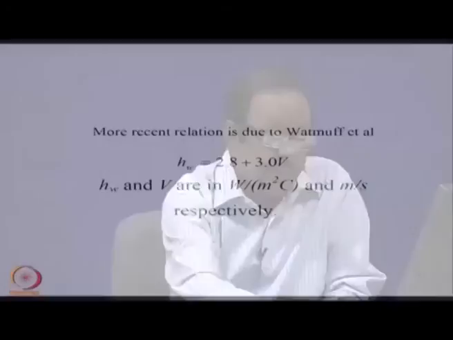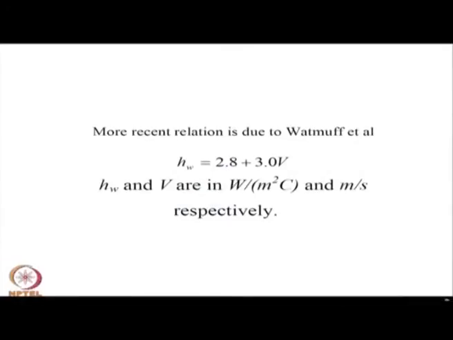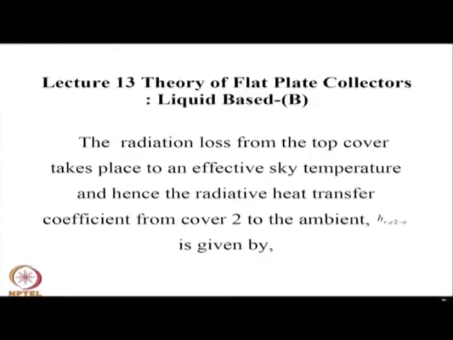It is suggested that apparently perhaps the radiative loss also has been included in the McAdams relation. So, this is what we so far have introduced, the theory of liquid based collectors, flat plate collectors. Basically, they comprise of a sheet and tube.